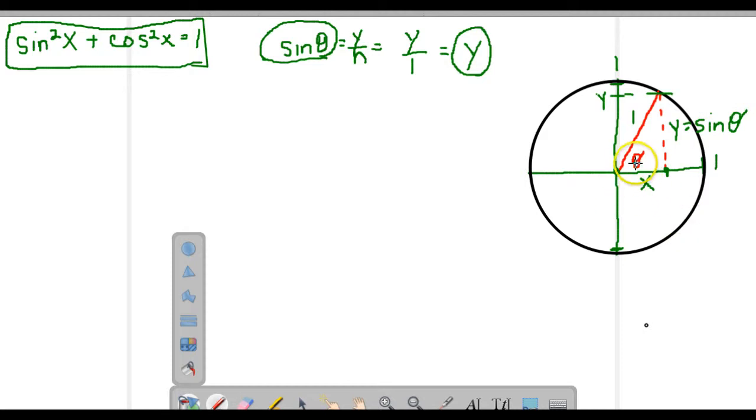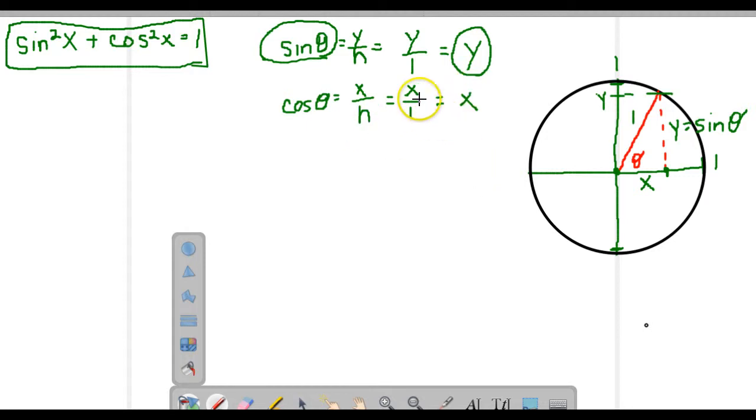And now what if I wanted to know what's the cosine of theta? Well, the cosine of theta is just this x over the hypotenuse. It's adjacent over hypotenuse. We don't know the value of x, but we know the hypotenuse is always 1, so that just reduces to 1.